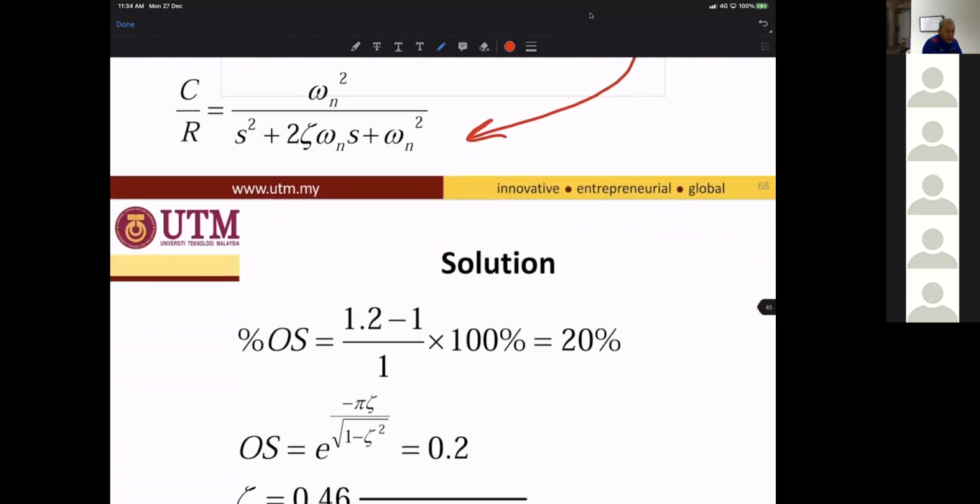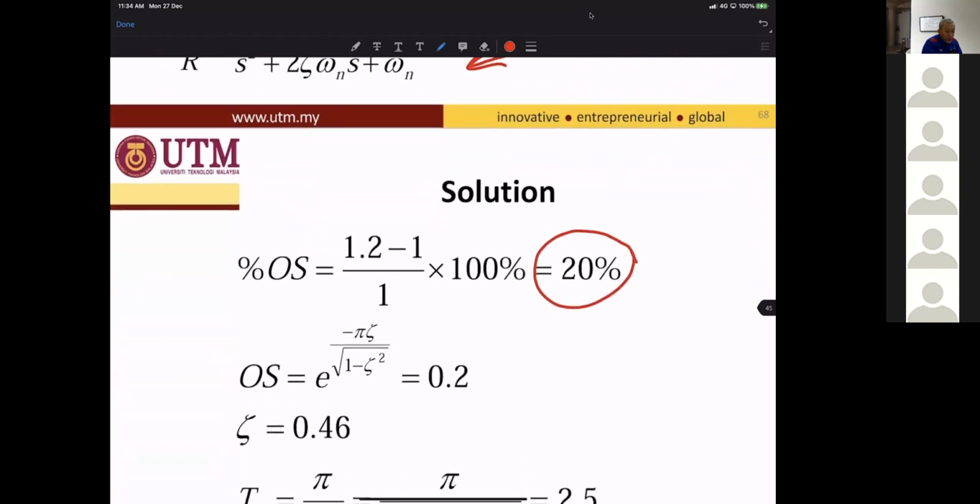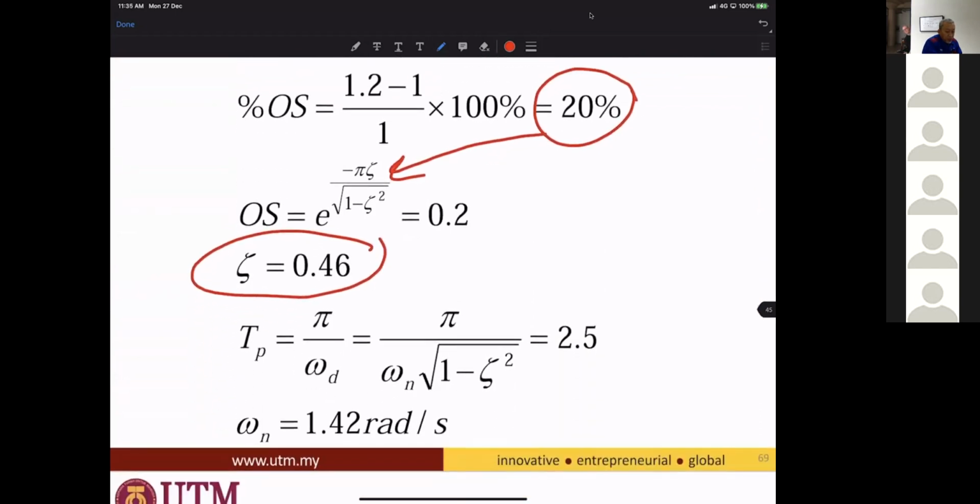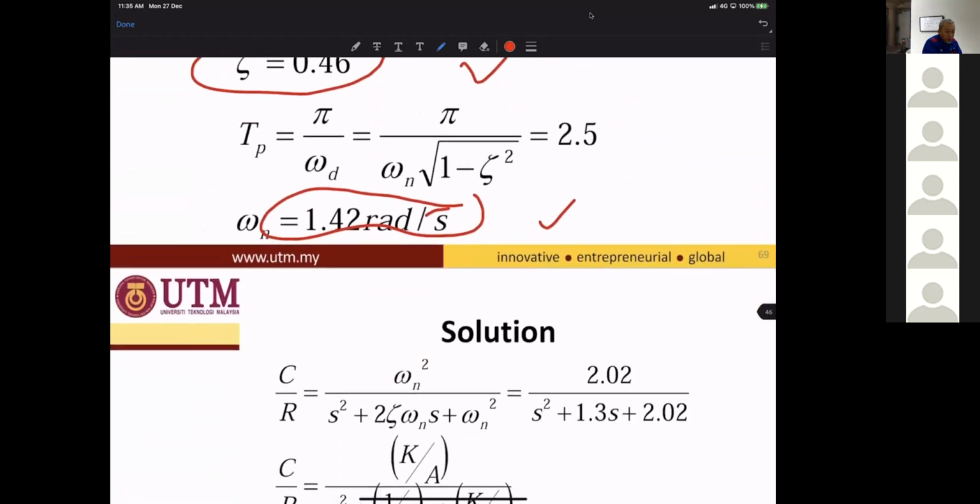So from the overshoot, 1.2 minus 1 divided by 1 will give 20%. And from this 20%, use this formula, so you will get zeta 0.46. Using the peak time formula, you will get omega n as 1.42 radian per second. So you have the parameter values now, zeta and omega n.